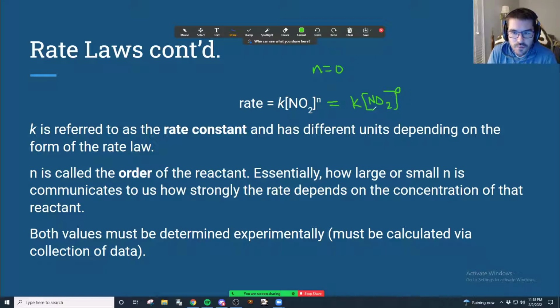Anything to the 0th power is 1. So this part of the equation then would evaluate to 1, which means that the rate is just equal to k, the rate constant. This is called a 0th order reaction, okay?